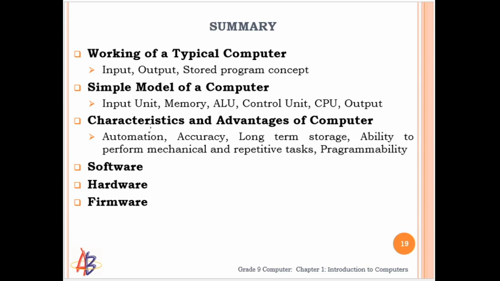Third topic was characteristics and advantages of a computer: automation, accuracy, long-term storage, ability to perform mechanical and repetitive tasks, and programmability. And last 3 topics were software, hardware, and firmware. So that is all about chapter number 1.